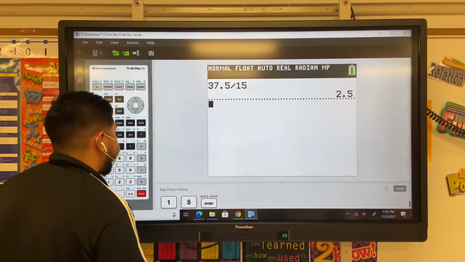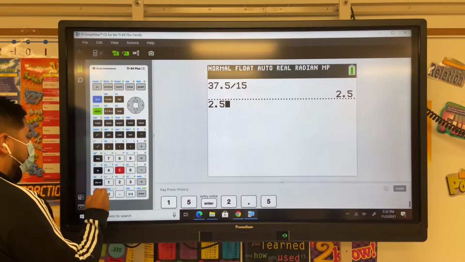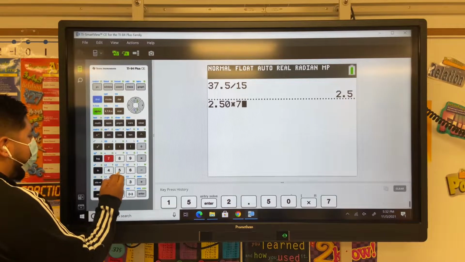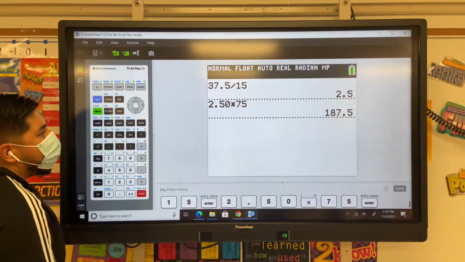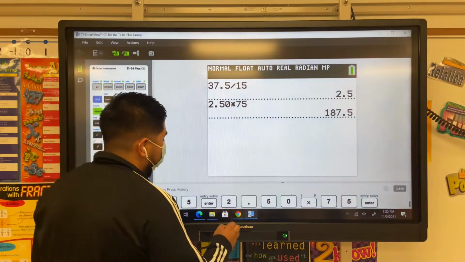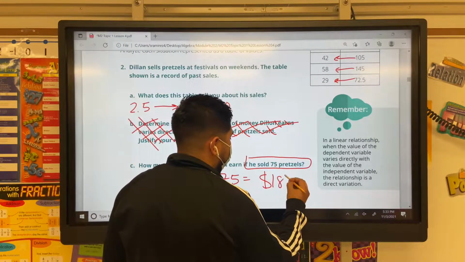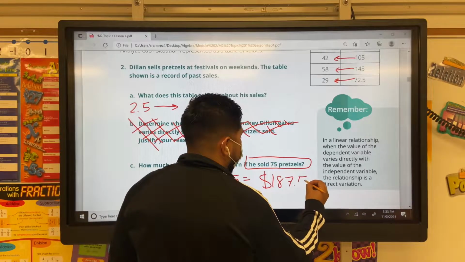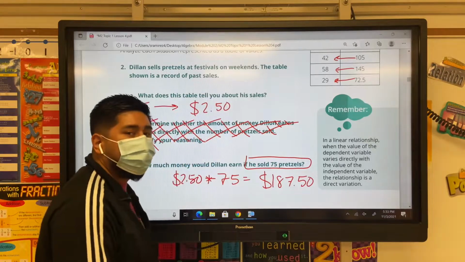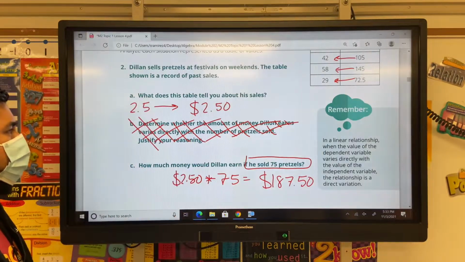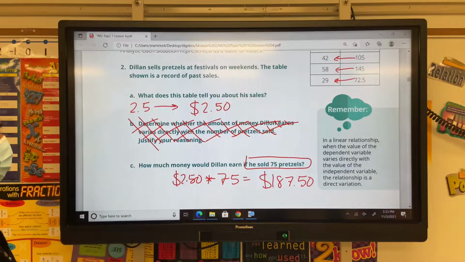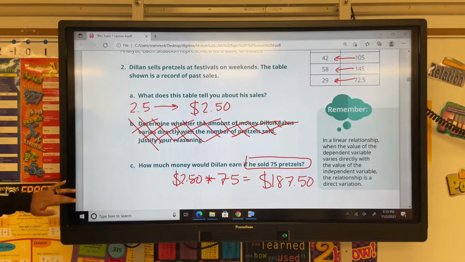Let's do it. 250 times 75. He made $187.50. Great. Of course, rewatch the video, rewatch whatever you got to do to make sure you understand this part.